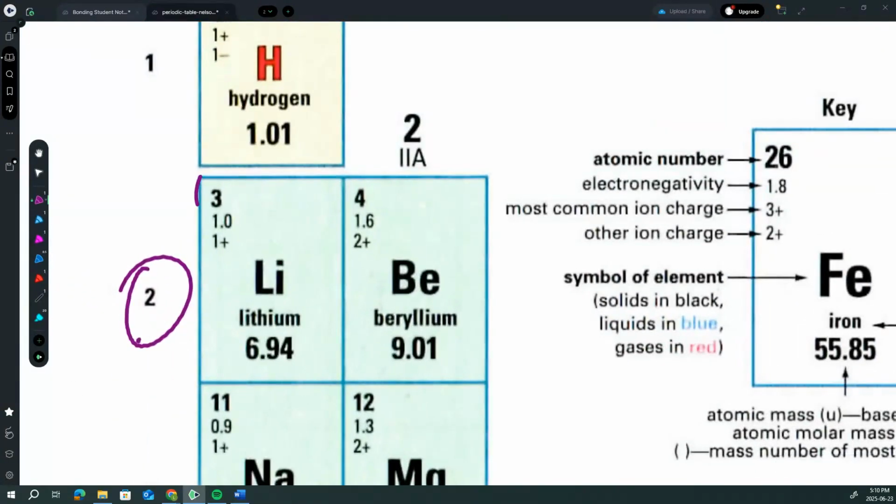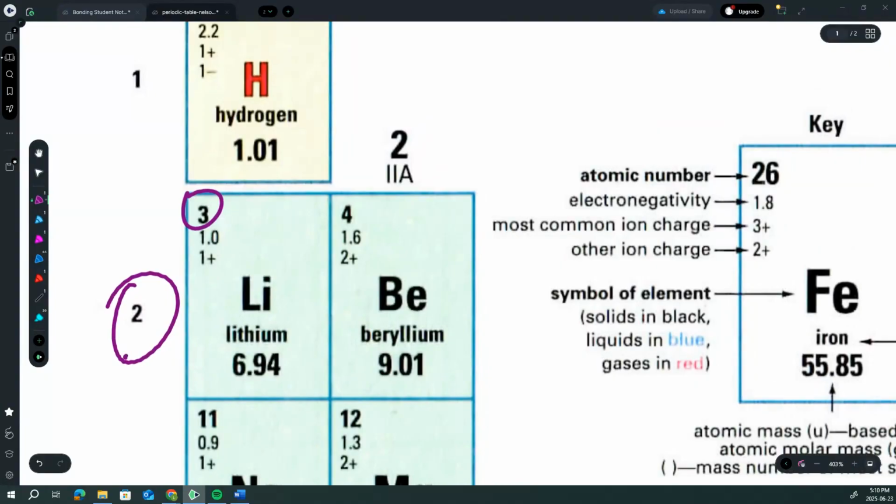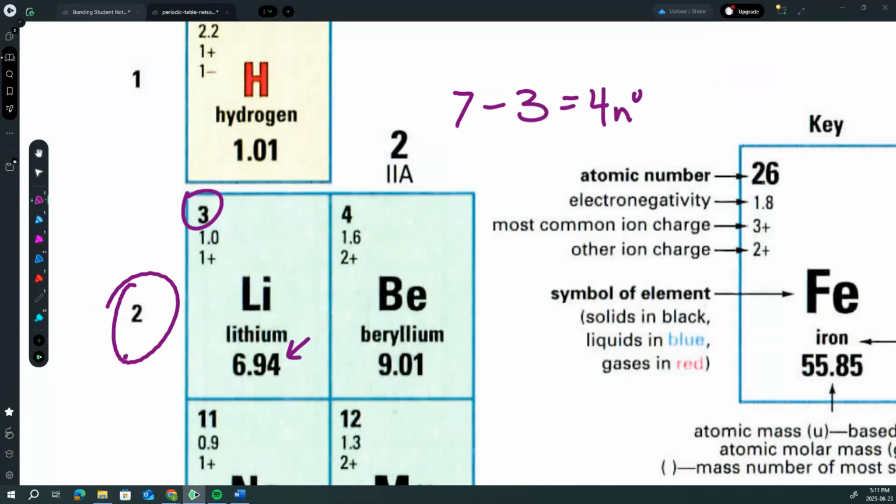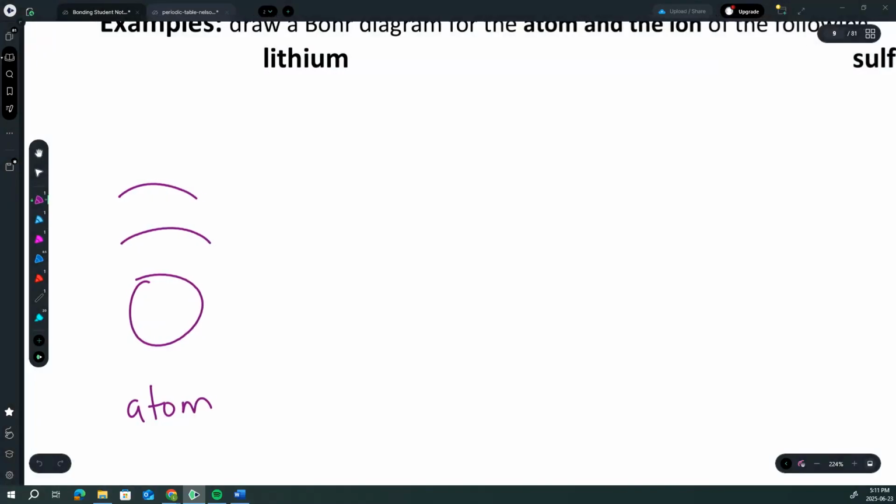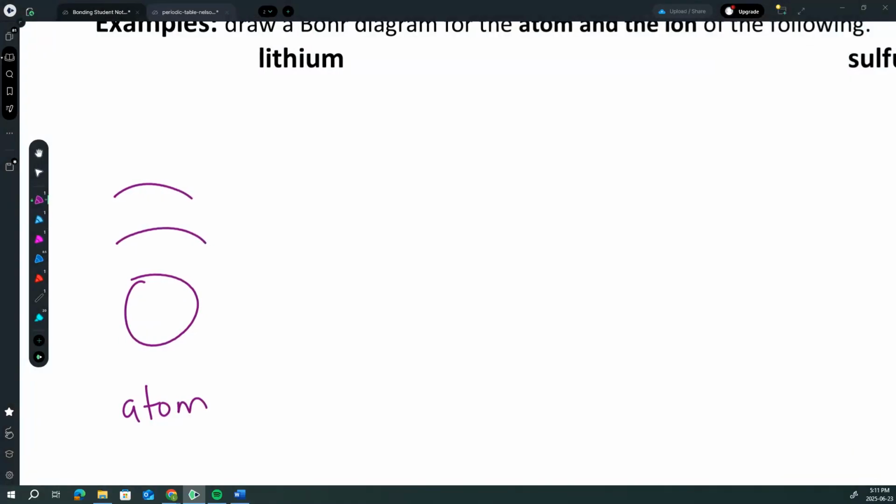If I look here, I notice that lithium has 3 protons according to the atomic number, and to figure out the amount of neutrons, I'm going to take the atomic mass, round it to the nearest whole number, so 7 minus the atomic number, 3, that's going to give us 4 neutrons. Okay, so 3 protons, 4 neutrons.